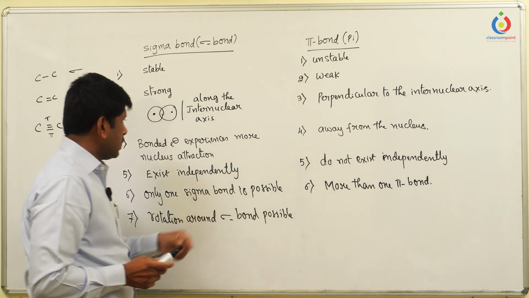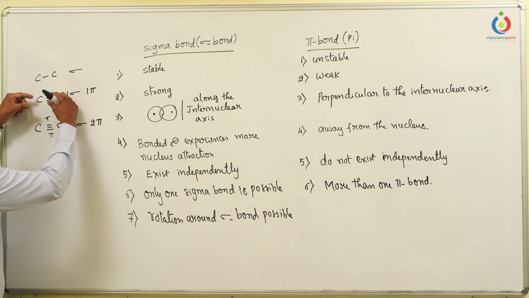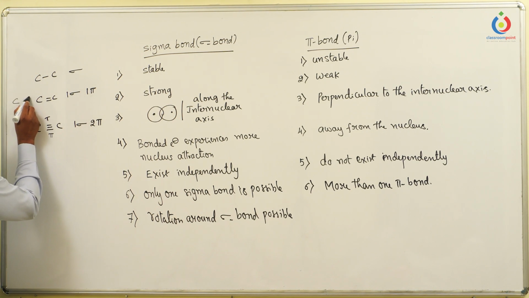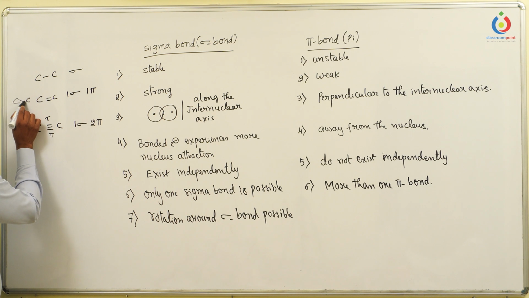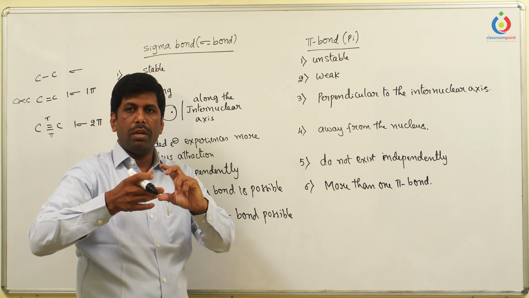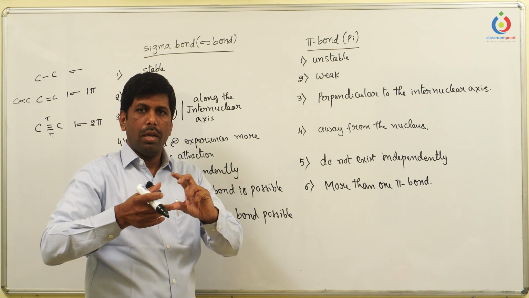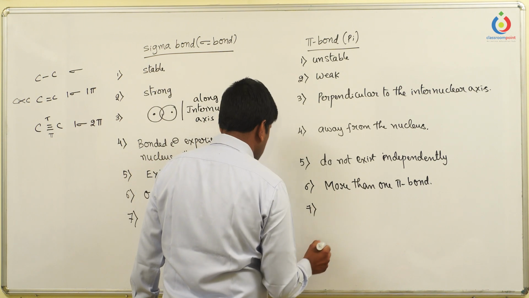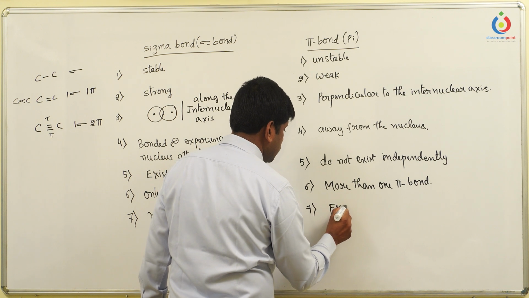But when pi bond is formed, you cannot rotate both of these atoms. The reason is, if you try to rotate both of these carbon atoms, there is a twisting of this pi bond, which restricts the rotation of the atoms. So here, free rotation is not possible.